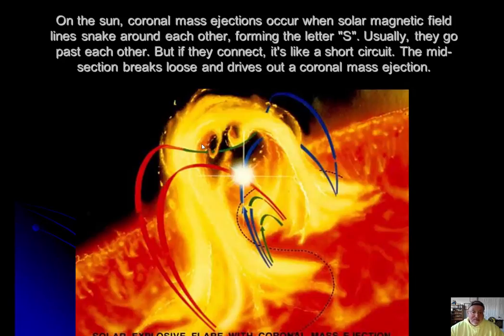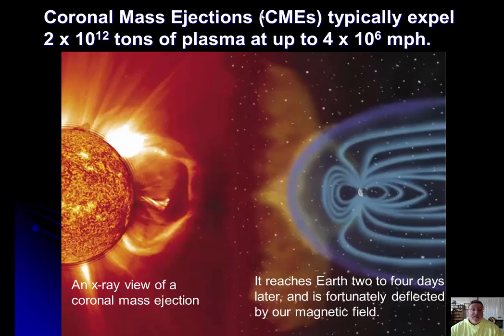When the S's go past each other, they make a connection, which throws this material out into space. This material is maybe 2 times 10 to the 12th, that is 2 billion tons of plasma, kicked out at more than 4 million miles per hour.